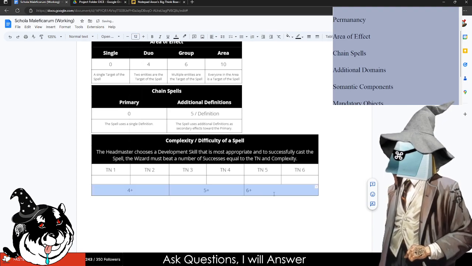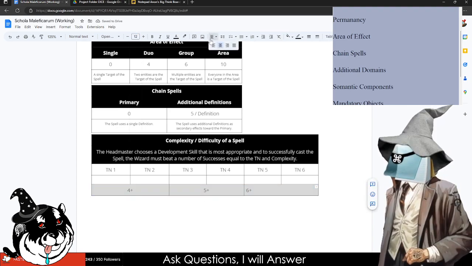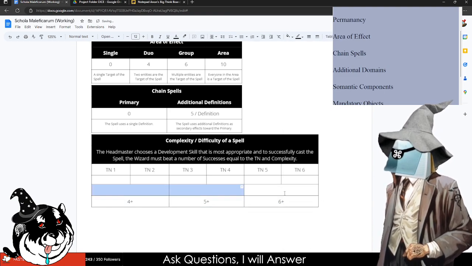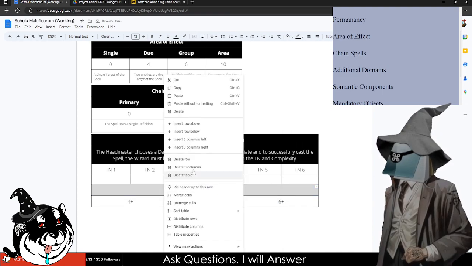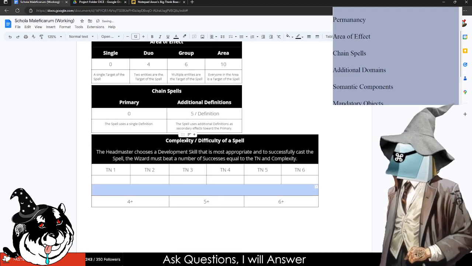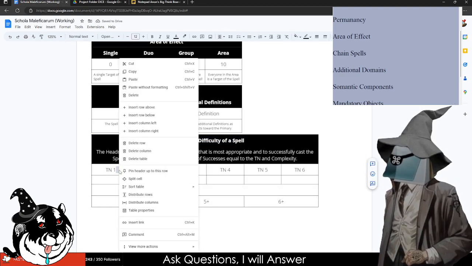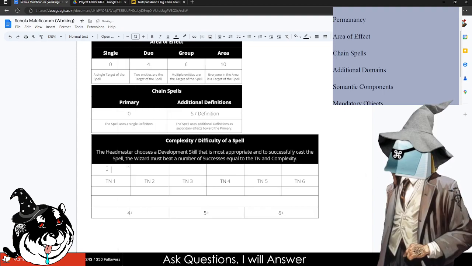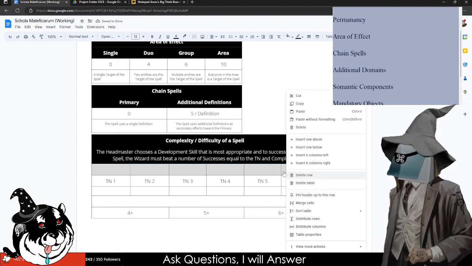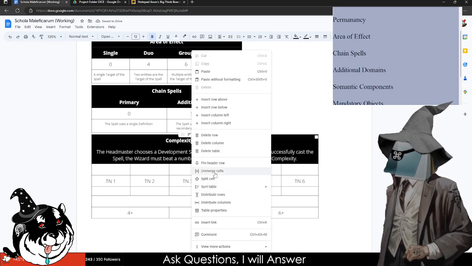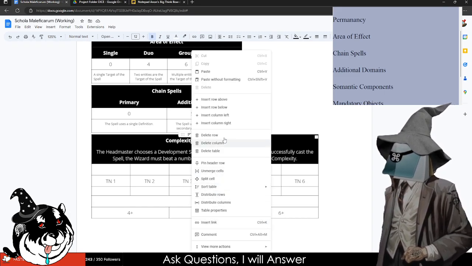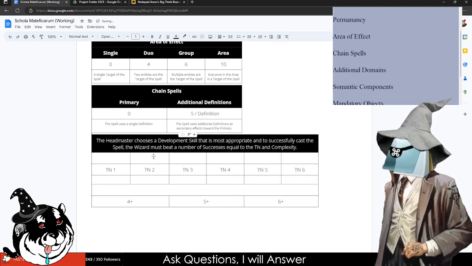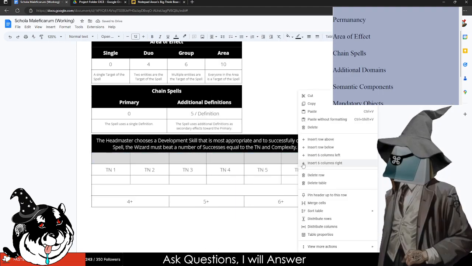Put you up to 12. Doesn't look quite right, but maybe we do insert row above. We merge, insert a row above.